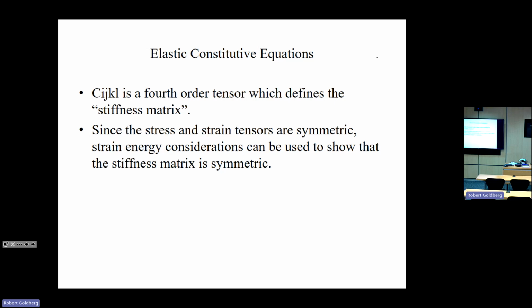And the thing that allows us to do that is that, because the stress and strain tensors are symmetric, strain energy considerations can be used to show that the stiffness matrix is symmetric.